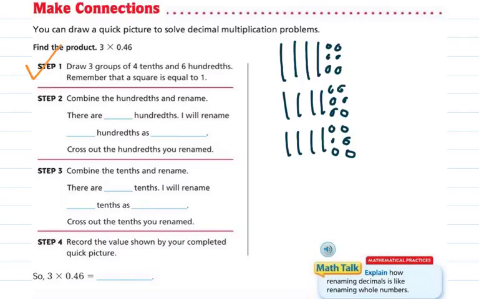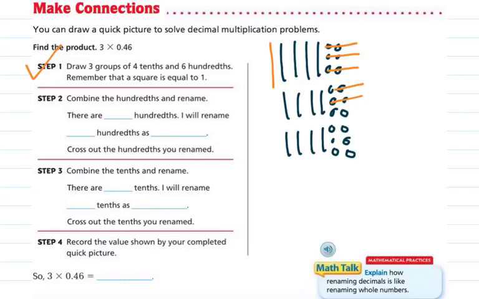Now we're going to go on to step 2. It says combine the hundredths and rename. So what we're going to do, boys and girls, is see if we have 10 hundredths, because if we get 10 hundredths, that's when we can regroup. So we have 2, 4, 6, 8, 10. Now we're going to regroup and we're going to get a tenth. Let's see if we can do that again. We have 2, 4, 6, 8. So we can't regroup.